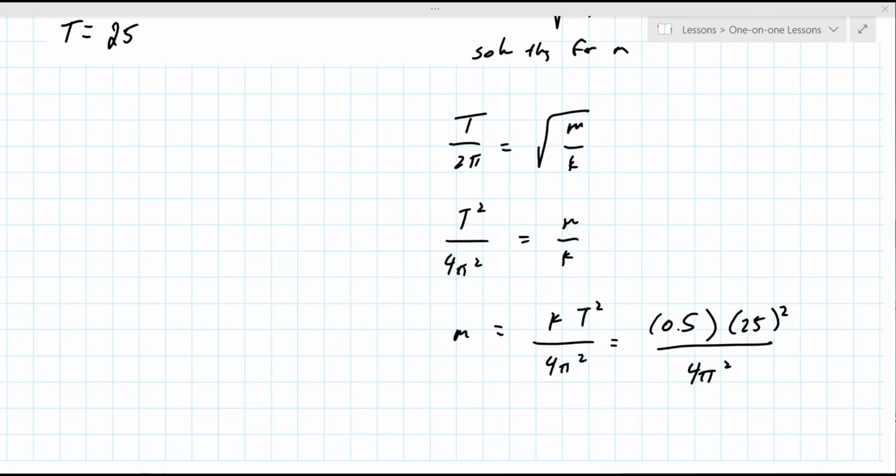Okay. Let me throw these numbers in myself. I get the mass here is equal to 7.92 kilograms. 7.92. All right.